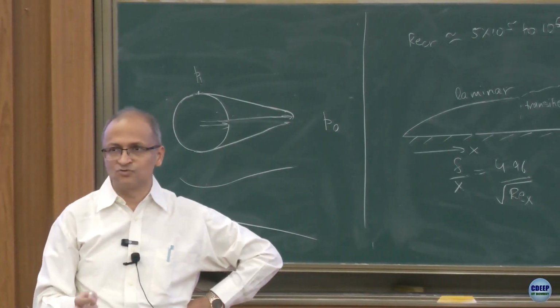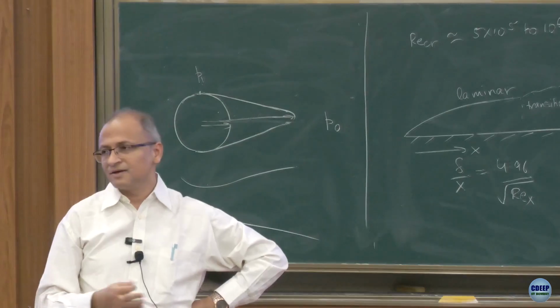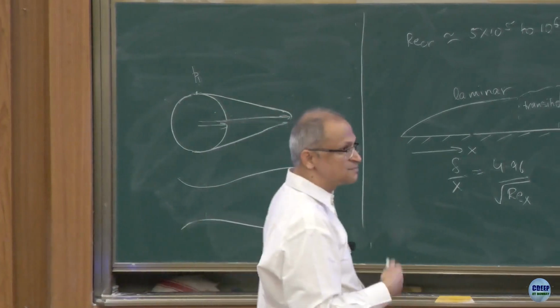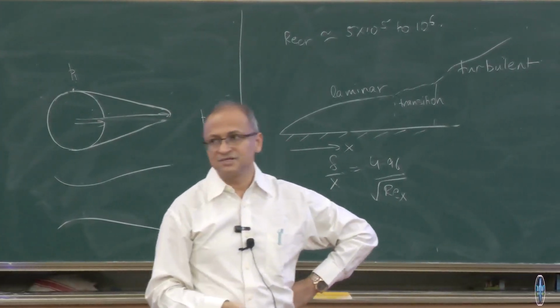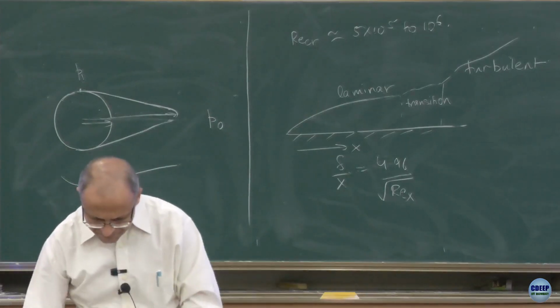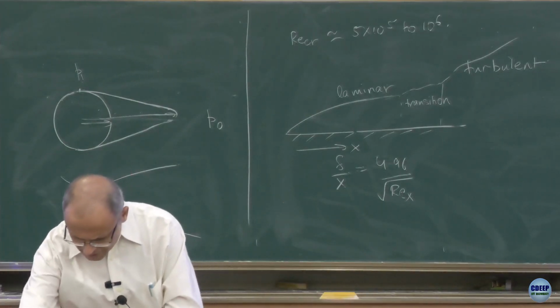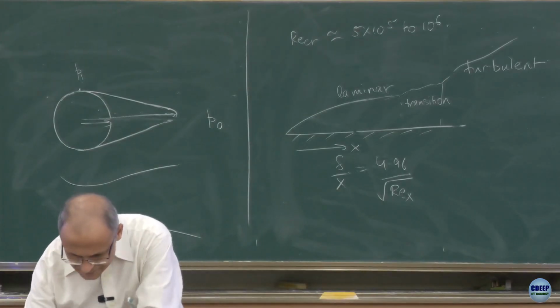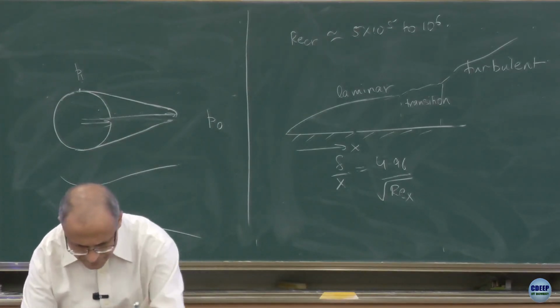Otherwise the flow is laminar, but it may be unsteady and so on. There may be other states of the flow. It can still be laminar, it's just that it is unsteady. So what we will do is look at a few slides on turbulence.